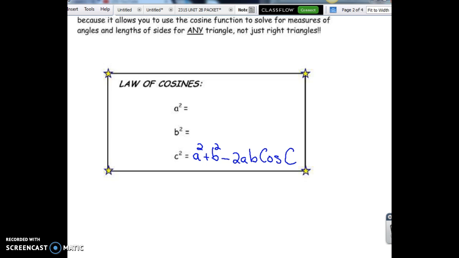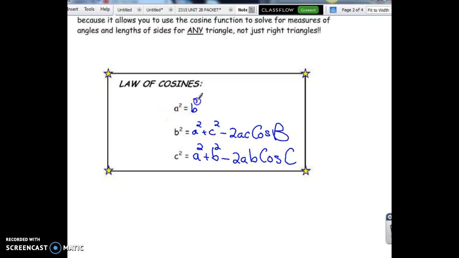This formula is the same in every case. If I use this side B, then the other two sides would be A and C. Kind of looks like the Pythagorean theorem, but then there's more to it. Minus twice these two sides times the cosine of the angle that's across from side B, which would be capital B. And then we have our last one here. We have side A. Well, what two sides are missing?